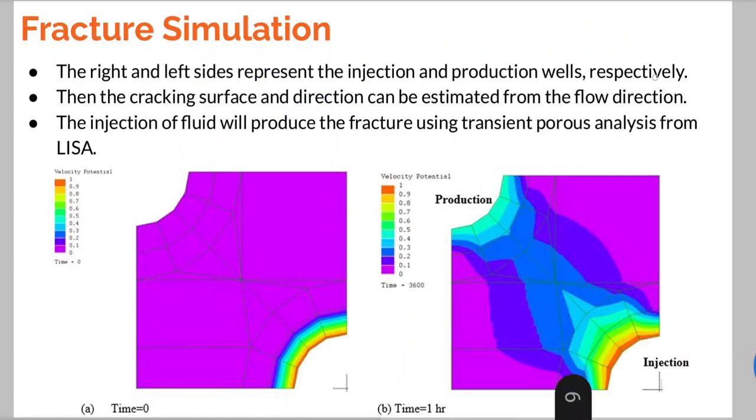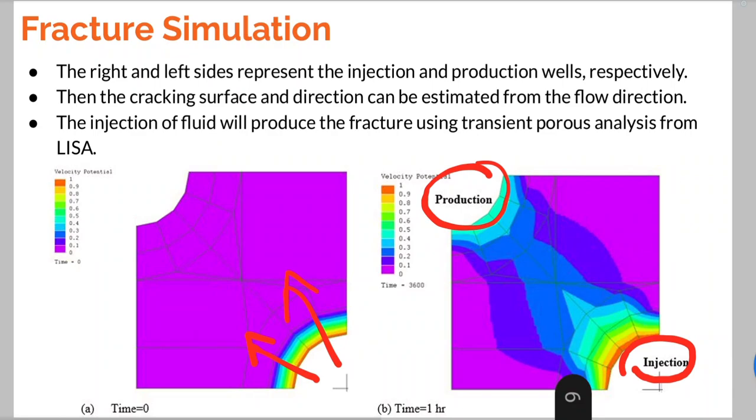We mentioned before that we have also simulated the quarter models in the case of two holes, one for injection and the other for production. By using the same fluid loading or fluid pressure, we can simulate the fluid flow direction. Actually, the injection of a fluid will produce the fracture using the transient porous analysis from LISA software.